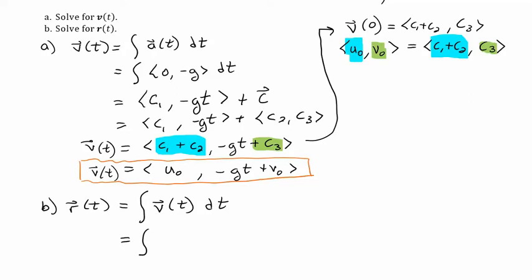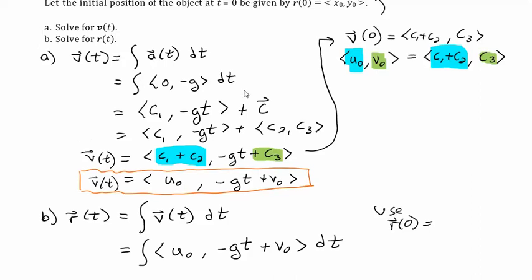So we're going to do the antiderivative of u sub 0 times negative g t plus v sub 0 dt. You're going to do the same kind of thing we did up here. You're going to take the integral, do the antiderivative, put the constants in there, and then you're going to use the fact that the initial position, let me scroll up a little bit, is given by x sub 0, y sub 0.